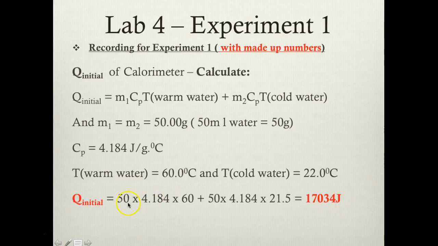You have grams here, and it's joules per gram degree centigrade, so the degree centigrade and grams cancel. And so you'll get this number in terms of joules, and this number as well in terms of joules. So 17,034 joules is the initial heat of the calorimeter.